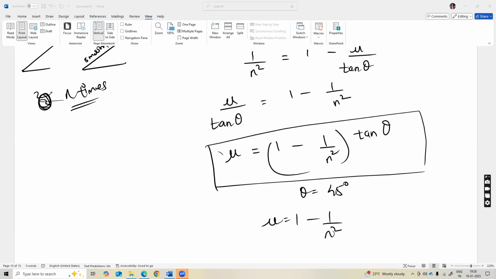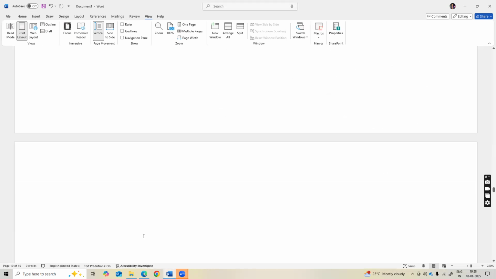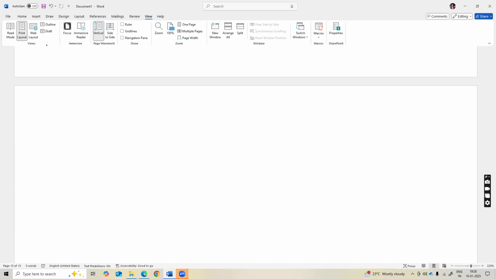Okay, so there was one question on this concept. So you can directly solve it using the formula also, or you can again derive everything.